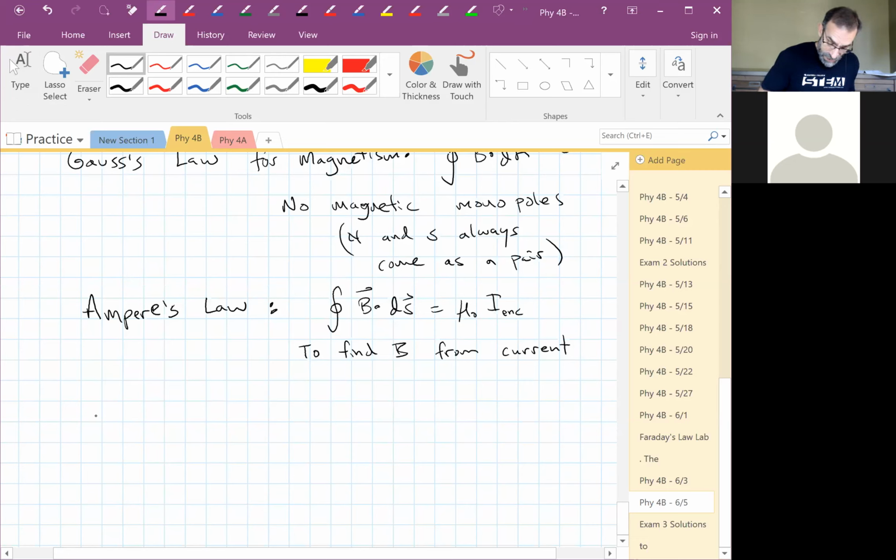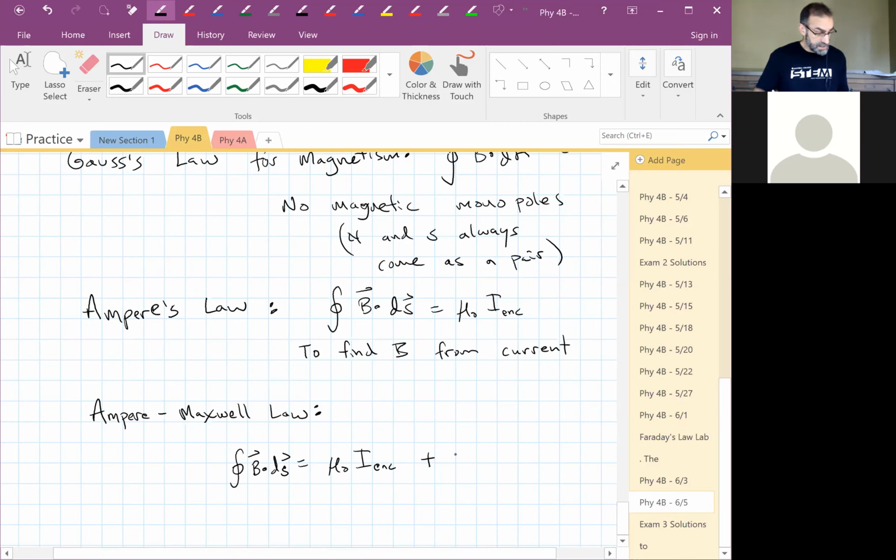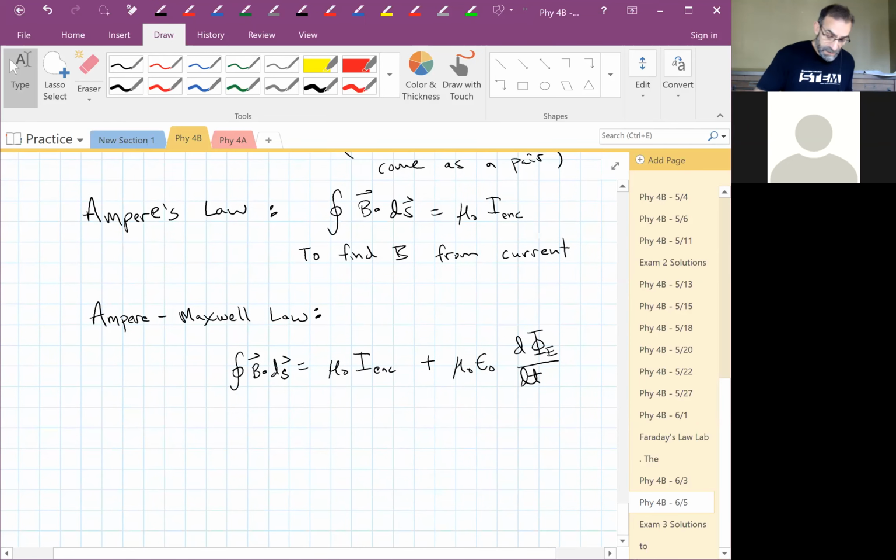So we call that the Ampere-Maxwell law. And it says that the integral of B dot ds around a closed loop is not only mu naught I, it also has a contribution from a changing electric field. So what does this tell us?